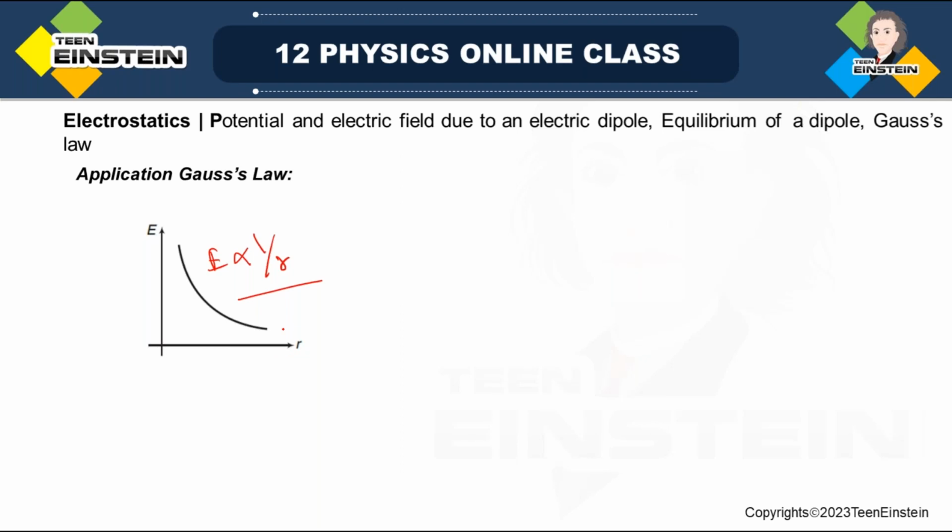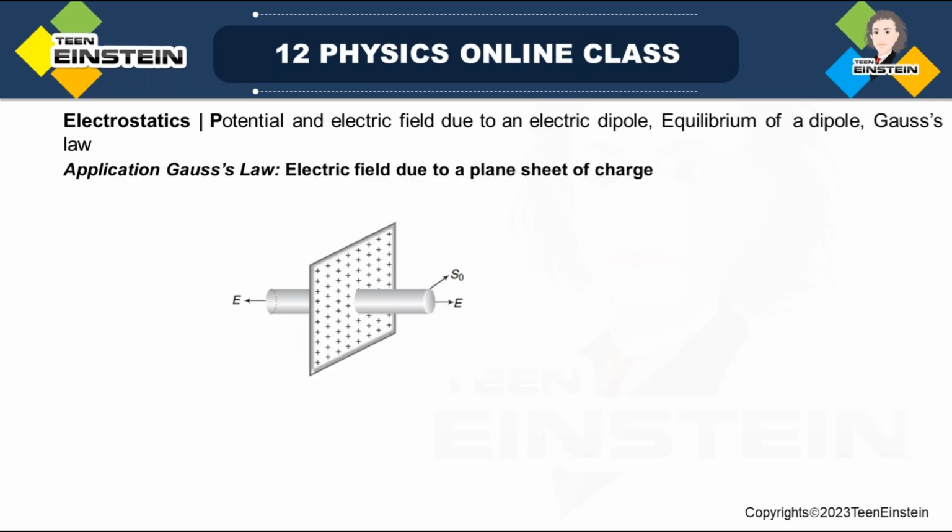Now we'll go to another application, that is the electric field due to a plane sheet. For an infinite plane sheet, the symmetry is planar, but what Gaussian surface should be taken?